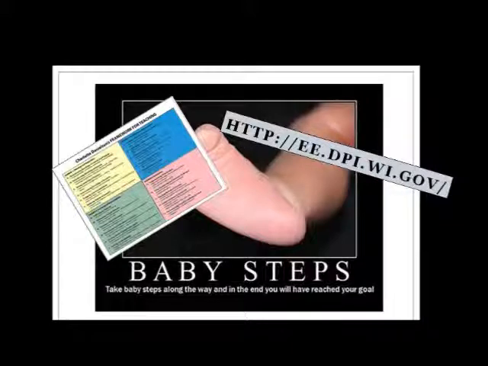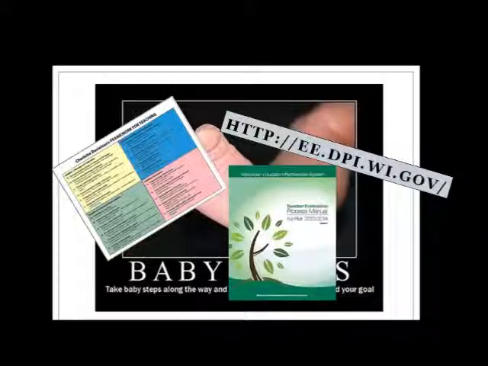Secondly, go to the DPI website. Locate the Educator Effectiveness page and begin exploring that information. The document that will be most valuable to you is the Teacher Evaluation Process Manual. There's a new version. It's version 2, which was finalized this summer.